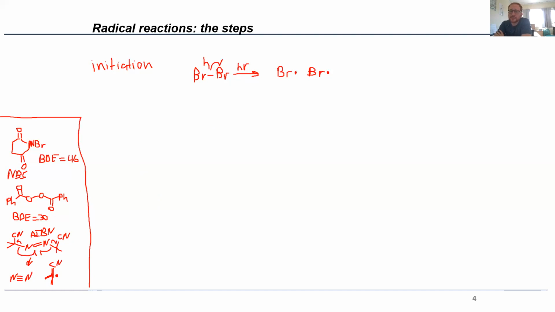You don't want to shine light on every reaction, and so NBS can be done with heat. Also, NBS is a nice white powder, where bromine is a volatile liquid, and I don't like working with bromine. It gets everywhere. NBS is a nice solid that you can weigh out.